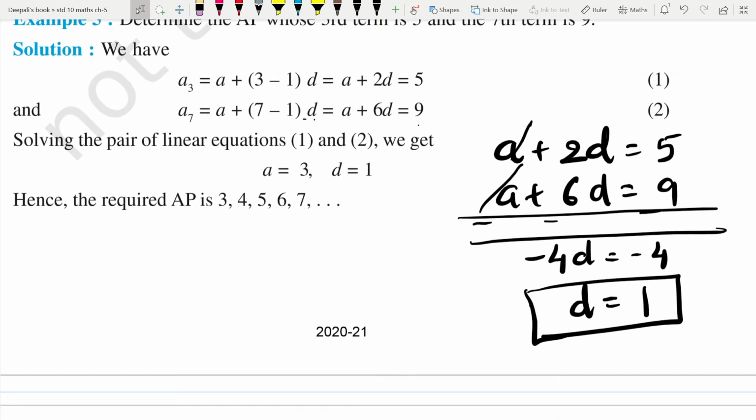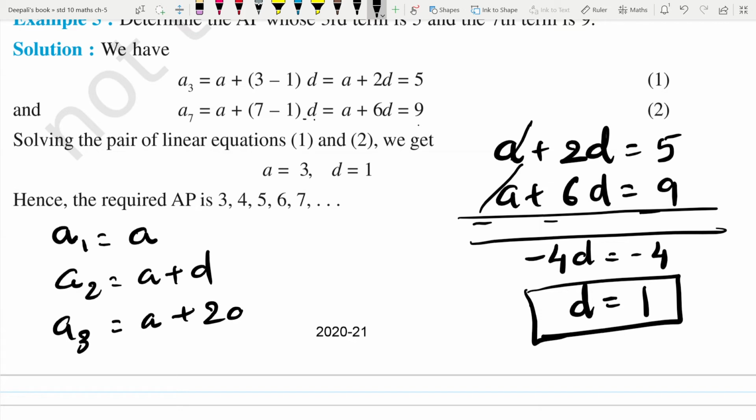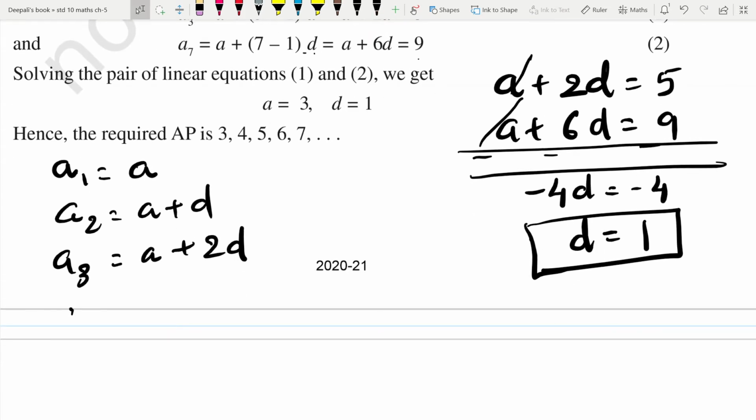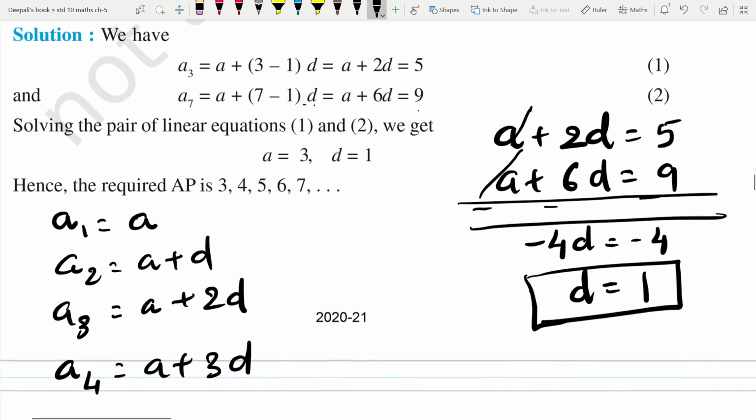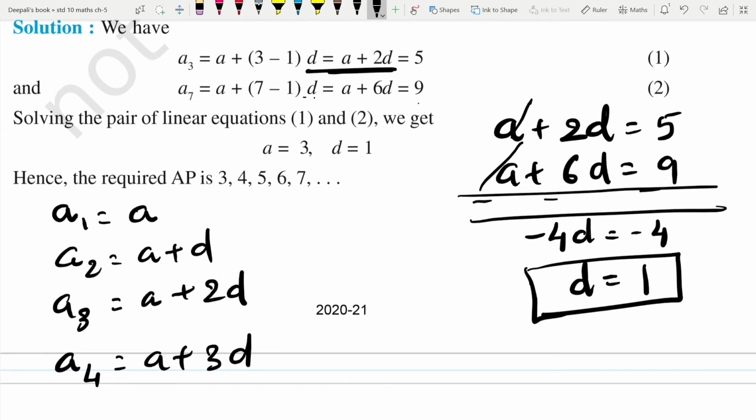So the fourth term, fifth term, sixth term and first term can be easily found by the formula A1 is equal to A, A2 is equal to A plus D, A3 is equal to A plus 2D, A4 is equal to A plus 3D. Now I have the value of D is equal to 1.